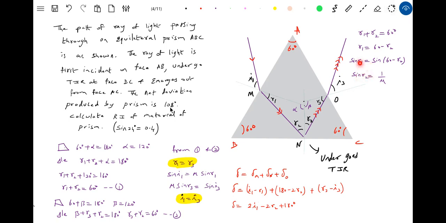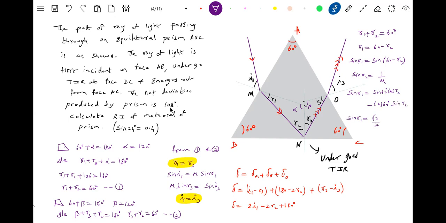So sine R1, yes, let me explain now. Sine R1 equal to sine 60 cos R2 minus, so sine 60 is root 3 by 2.